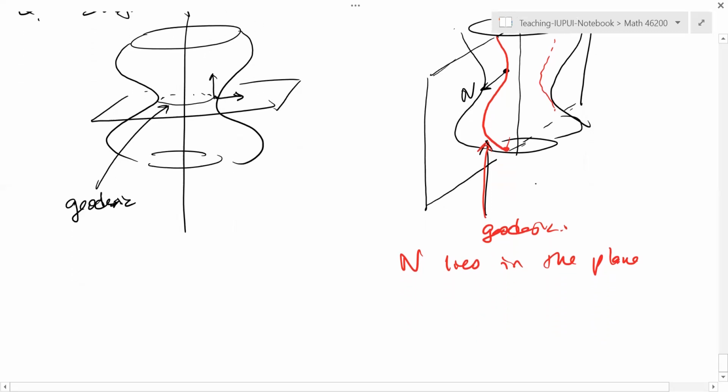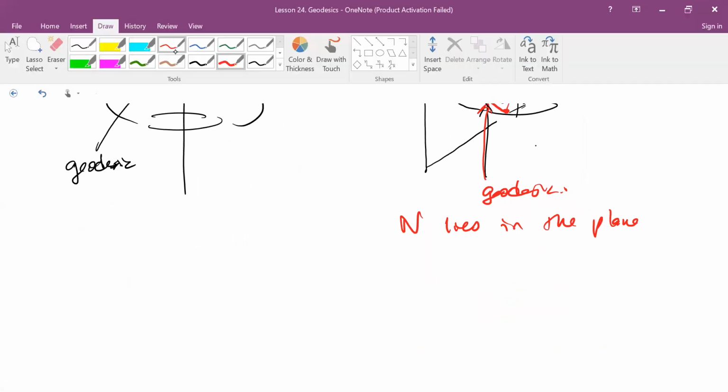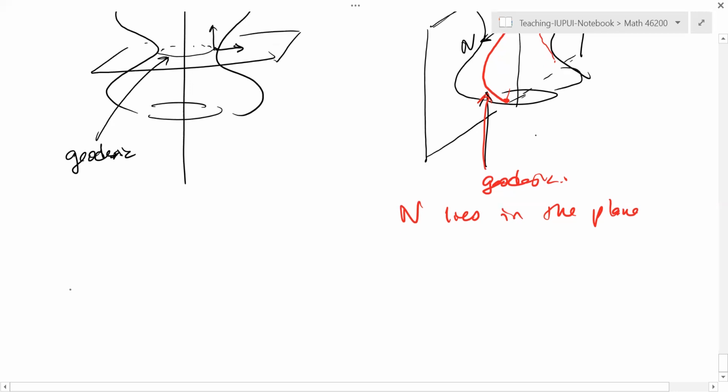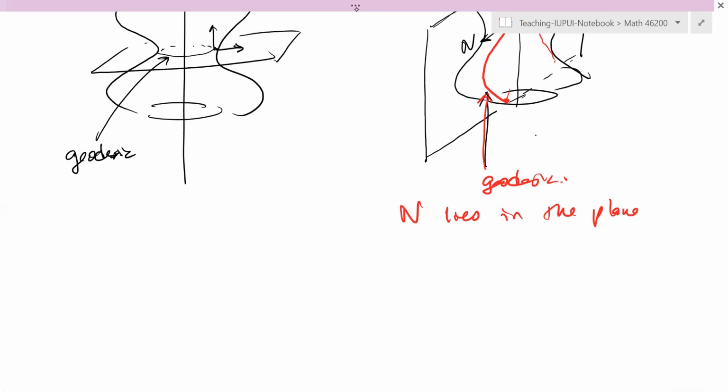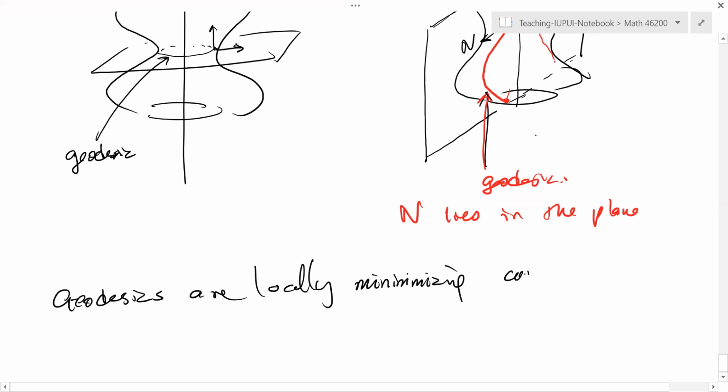Okay. Now, the geometric meaning of geodesic, using geodesic curvature, you can say geodesic. What's the geometric meaning? The geometric meaning we're going to understand is geodesics are locally minimizing curves on the surface.